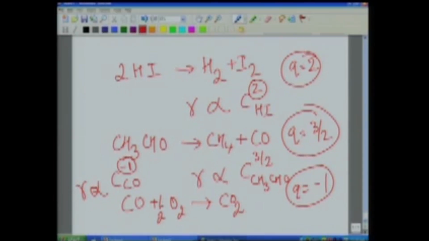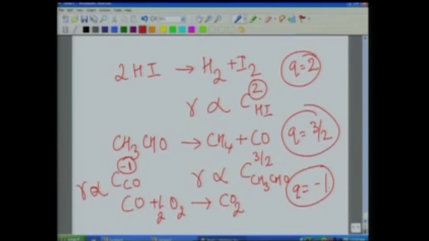So, the point that I am trying to make is Q can take any value. Quite common to have positive numbers, but also there are cases where Q can be negative.